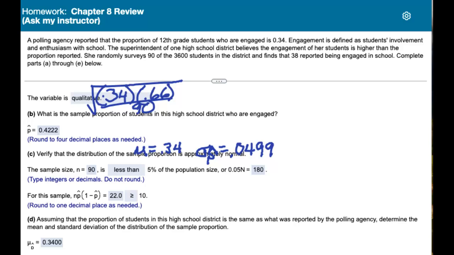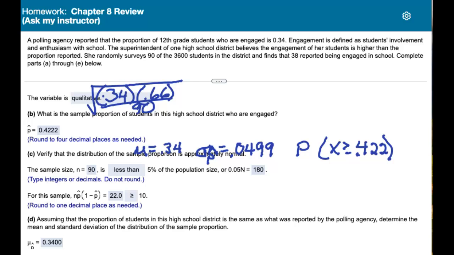With the normal calculator, we're looking for the probability that x is greater than or equal to 0.422. We punch that in for the expression, and these two values are our mean and standard deviation. That gives us this answer, 0.050.